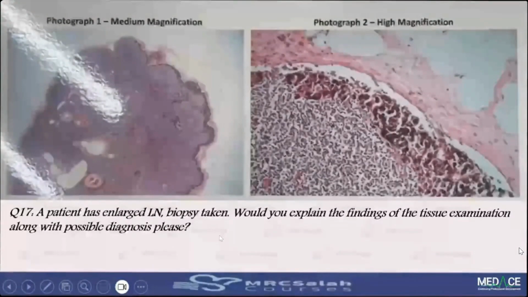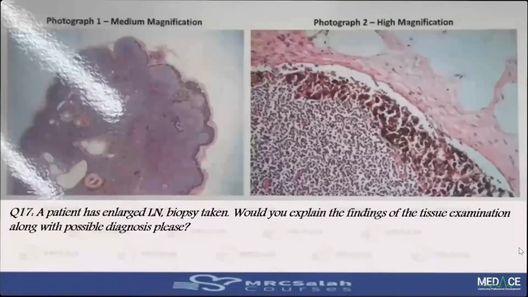Given this histopathological picture, a patient has a large lymph node biopsy taken. Would you explain the findings of the tissue examination along with the possible diagnosis, please? As far as enlarged lymph nodes, I don't know the answer exactly.